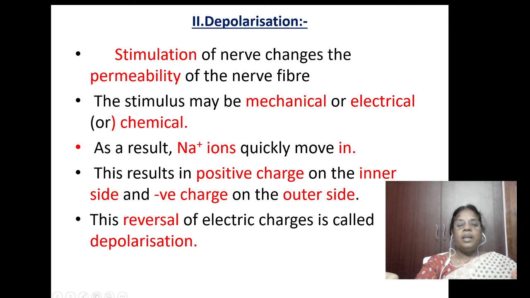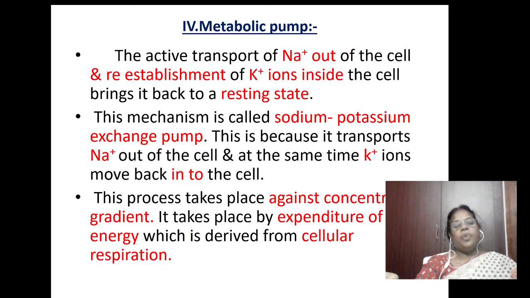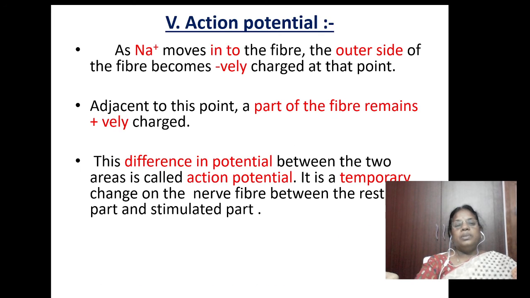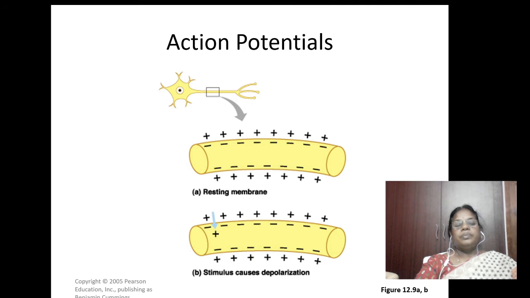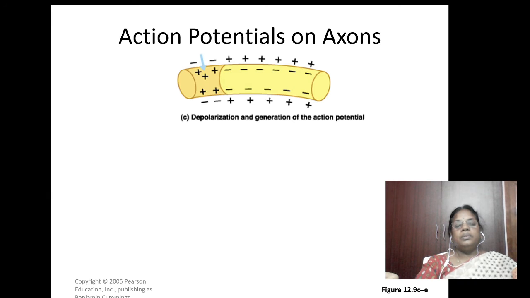Resting potential. Now comes depolarization. After that, repolarization. So here you can find the action potential. That means along the length of the axon, this is the resting potential.